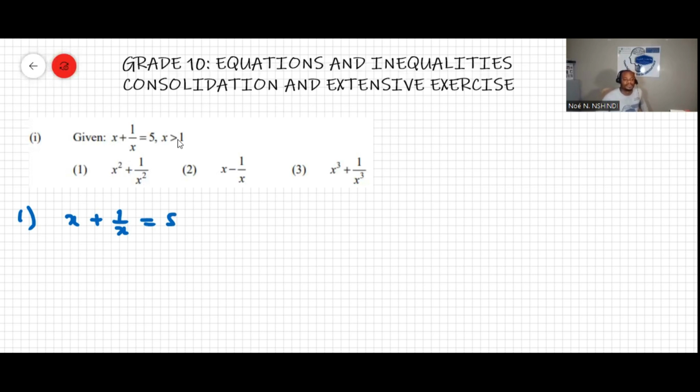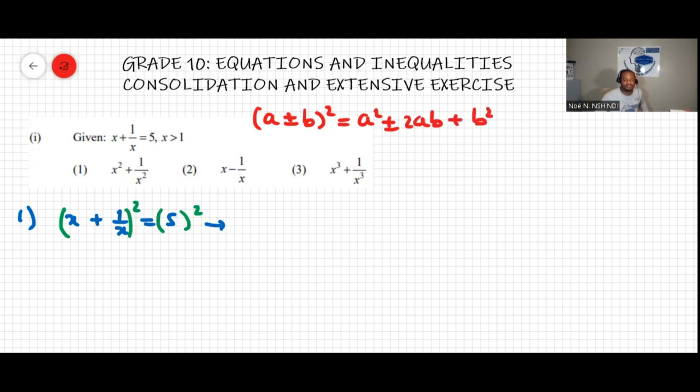Now, if we raise both sides to the power of 2, the property says that when you have a plus or minus b to the power of 2, this is a squared plus or minus 2ab plus b squared. In this case, my a here is x and my b is 1 over x.